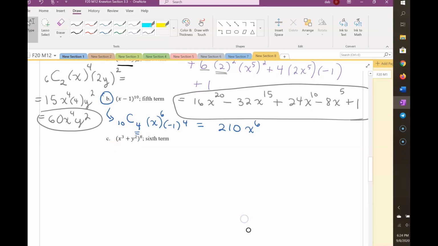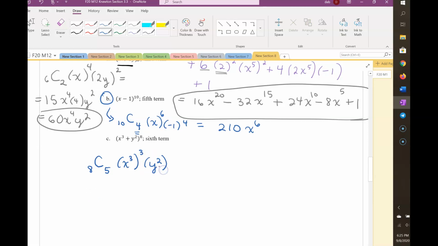And we have x cubed plus y squared to the power of 8. So it's 8 choose, then the 6th term, 0, 1, 2, 3, 4, 5. So it's going to be choose 5. Then the x cubed is the power of 8, 7, 6, 5, 4, 3.